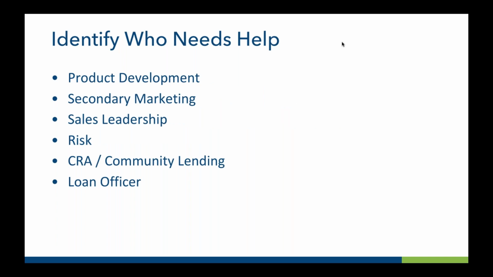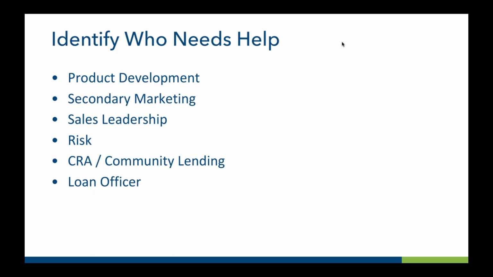Now, one of the things that we see when we talk to different kinds of lenders and banks around the country is that there's often a bottleneck. Somebody might just need a little bit of help or a little bit of automation or a little bit of training, or maybe the role doesn't exist and a role needs to be carved out for somebody that has the skill set or most of the skill set to drive proactive product development, to drive execution of a CRA strategy to help meet organic performance expectations.